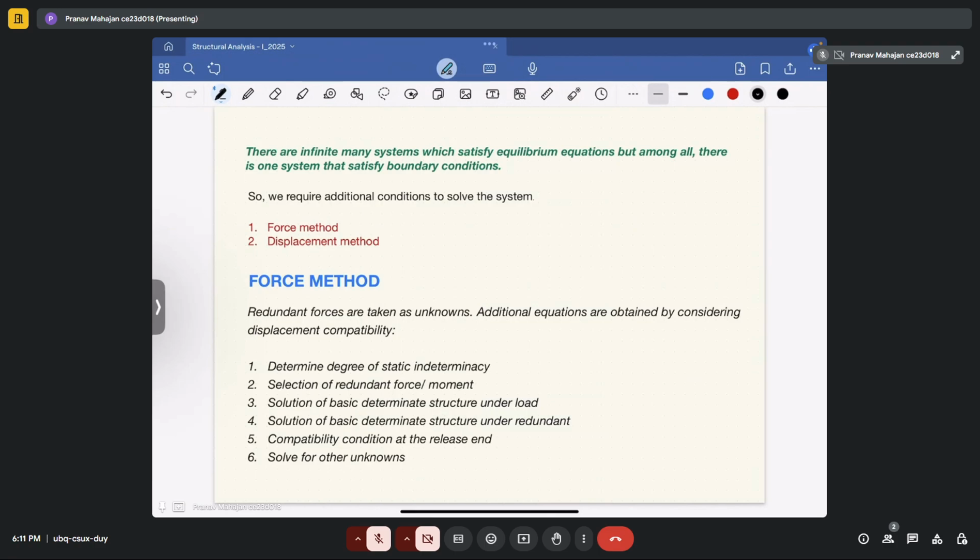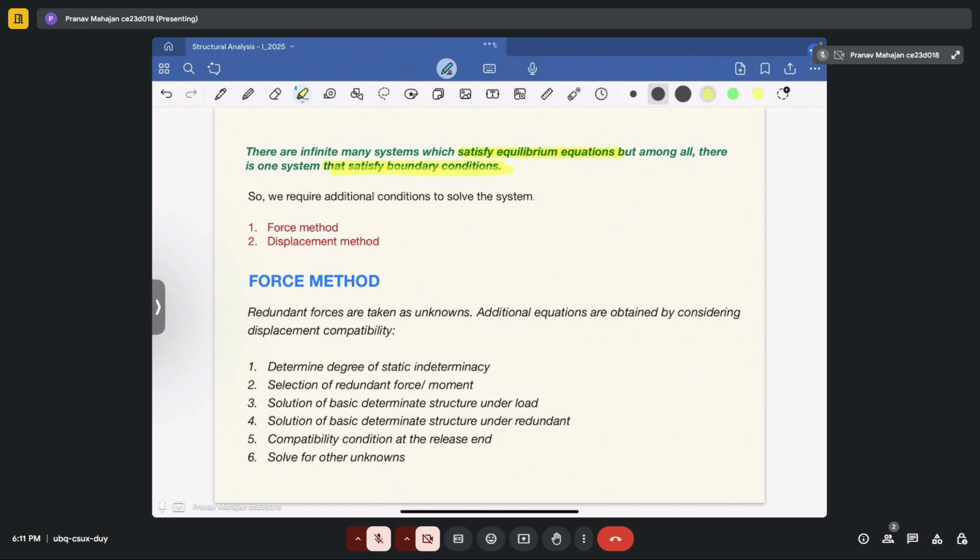We have an infinite number of systems which satisfy the equilibrium equations. But among them, there is only one system that satisfies the boundary conditions also. So that means every system not only has to satisfy the equilibrium equations, but it also needs to satisfy the boundary conditions.